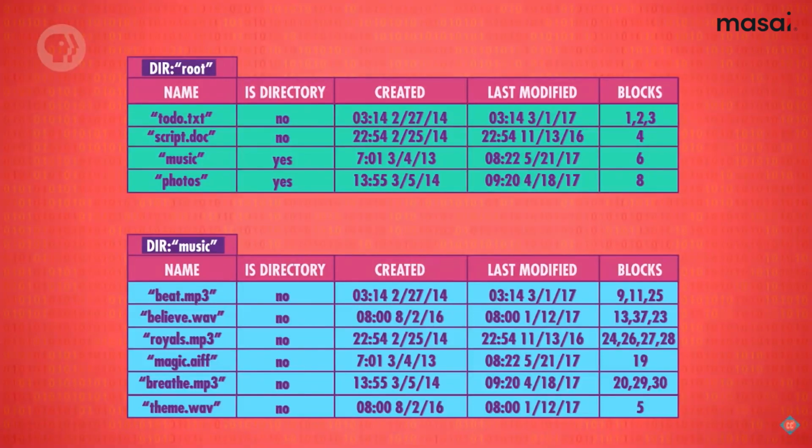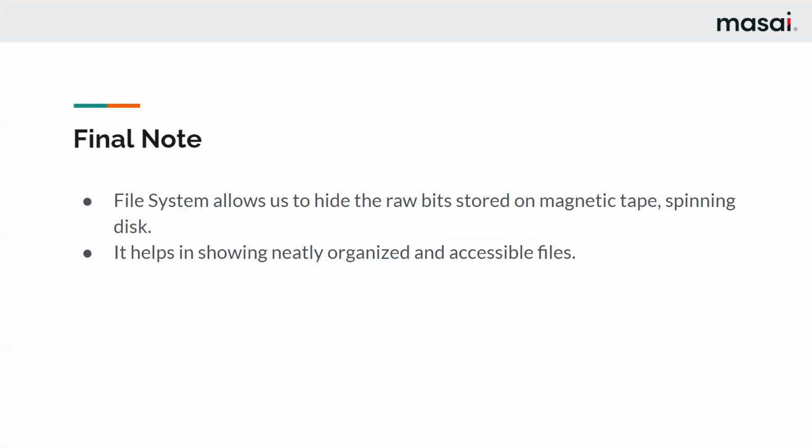So it gives you the information of all files and folders in a visual, very interactive manner. It helps in showing neatly organized, accessible files and folders. So this is all about the file system.